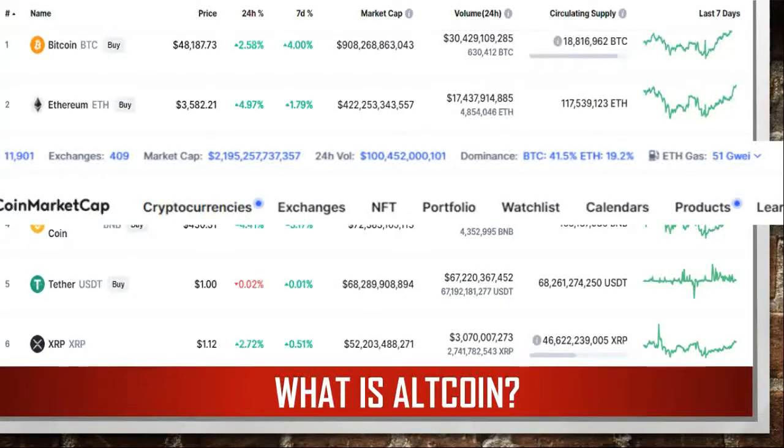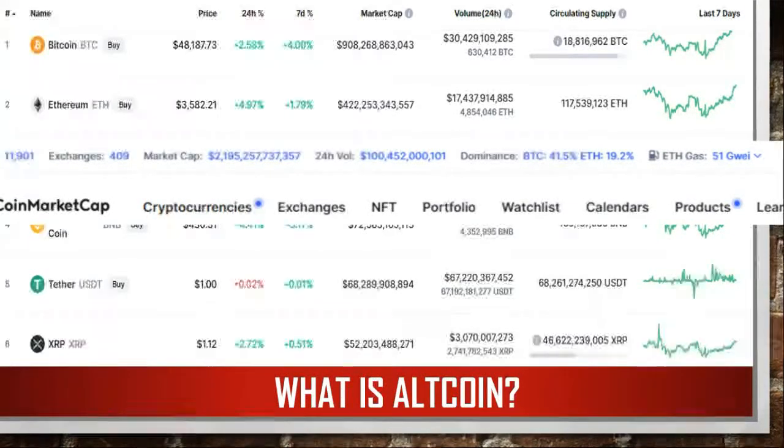If it's not on CoinMarketCap, it's probably a scam. And you can see that there are 11,901, or 11,900 on the nose, alternative coins, and Bitcoin making the other one, across 409 exchanges globally.